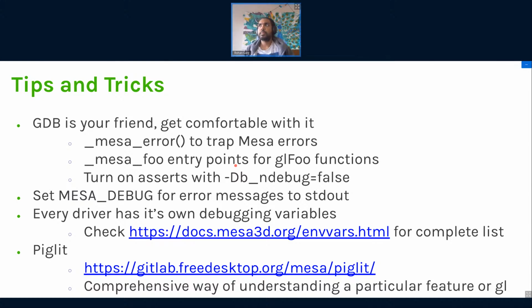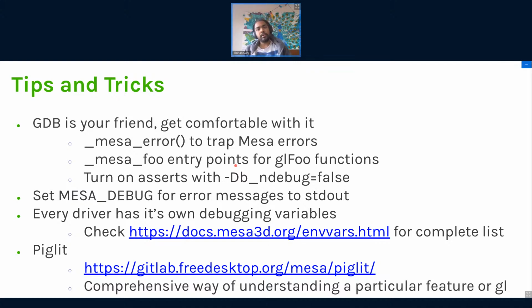If you use a particular GL function, such as glGenTextures, the equivalent Mesa function for that entry point is _mesa_foo. You can break on any of these functions to start stepping into the Mesa implementation of a GL call.